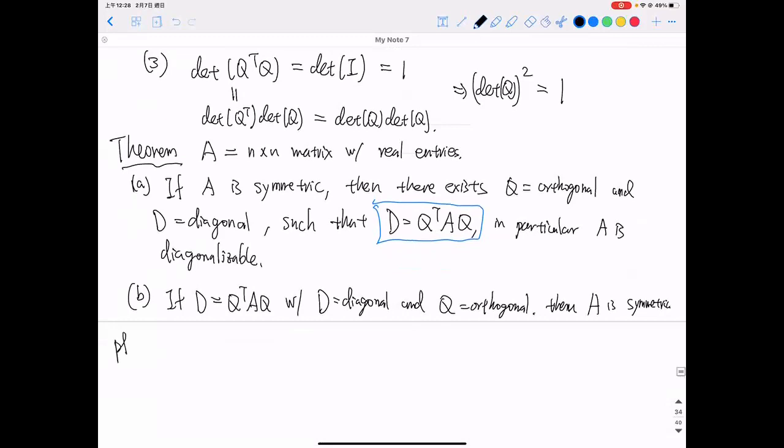So now, unfortunately, the proof of A is complicated, so we're only going to state it without proving it. The main point of A is, of course, if A is symmetric, then it is diagonalizable with the particular form. That is, the eigenvectors can form an orthonormal set.